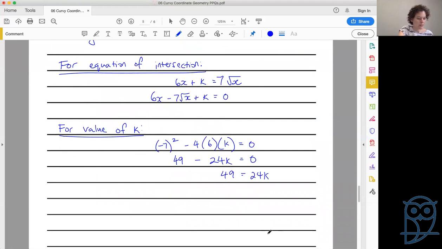So 49 divided by 24 just stays like it is. k is 49 over 24. Okay. Sometimes you manage to pick questions that just give you weird and wonderful numbers. Okay, it happens. Is everybody happy?